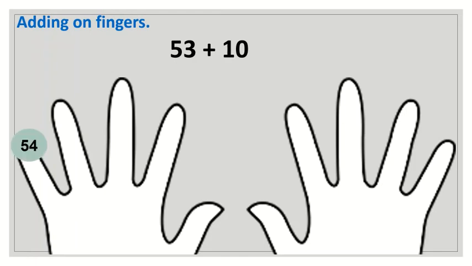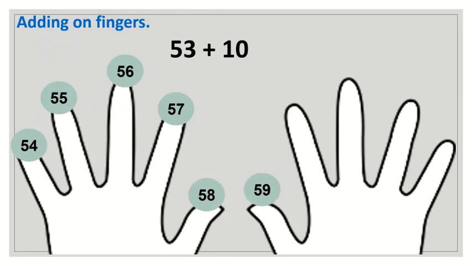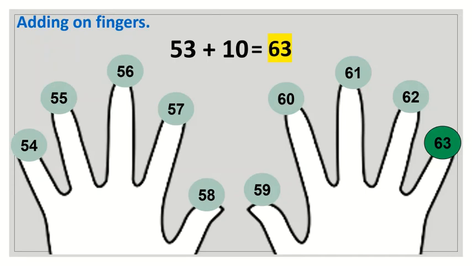Yes, 54, 55, 56, 57, 58, 59, 60, 61, 62, 63. So when I add 10 more and I count on my fingers, I get the answer 63. So this means that 53 plus 10 equals 63.